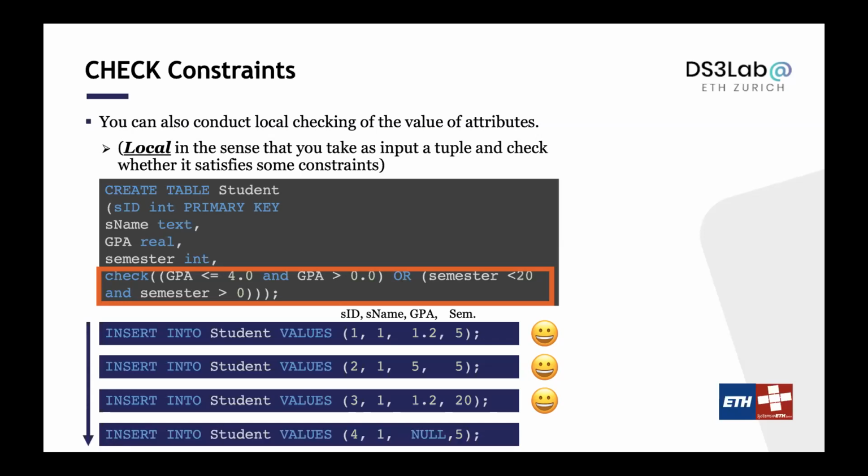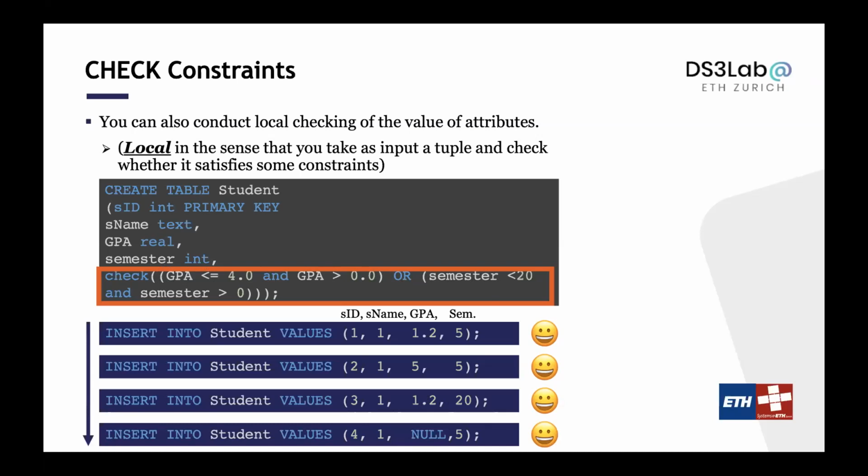But what about this case? This case is a little bit more interesting. I have the GPA as null. Essentially the first half is going to be evaluated to unknown, and then for the second part, the semester is 5, so the second part is going to be evaluated to true.